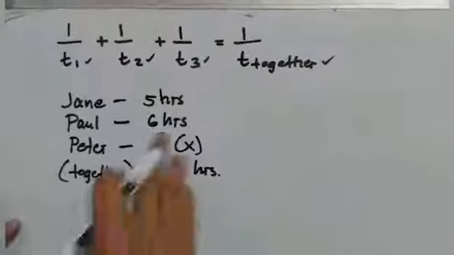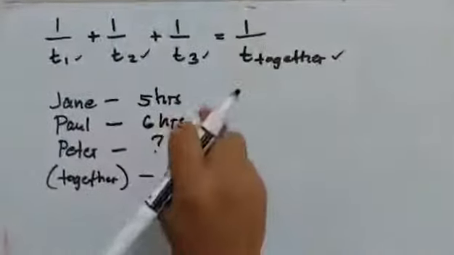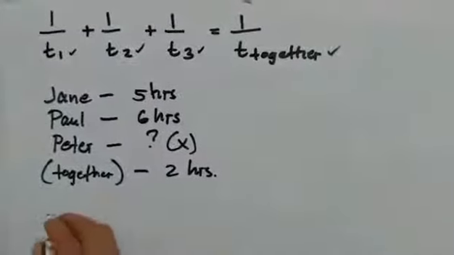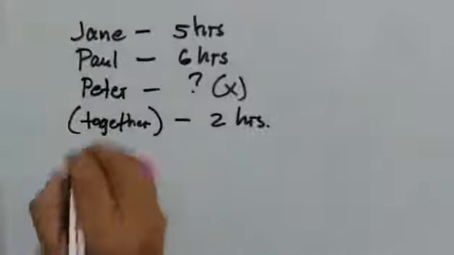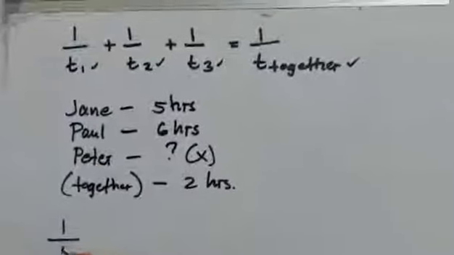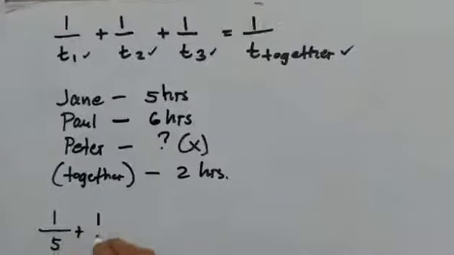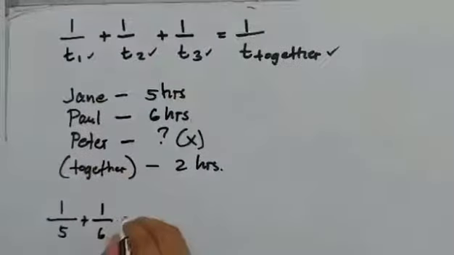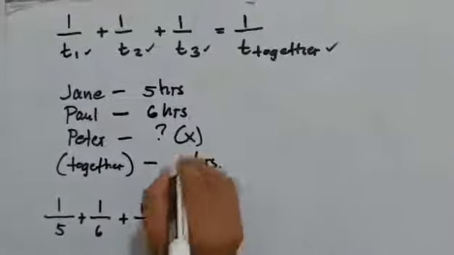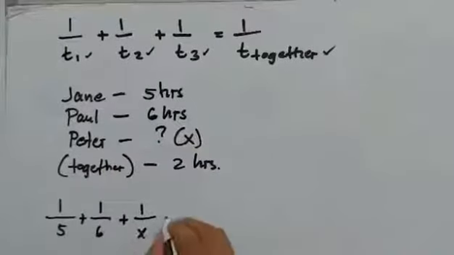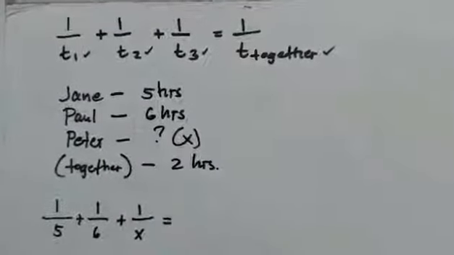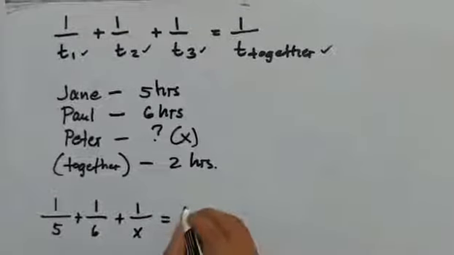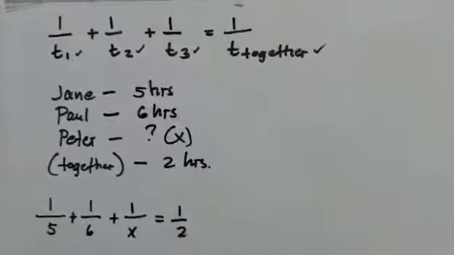So let's substitute all these given hours into this equation. We'll get 1 over 5, which is Jane, plus 1 divided by 6 for Paul, plus 1 over x, unknown, which is for Peter. And for all of them together to work, they can finish in 2 hours, which is 1 over 2.